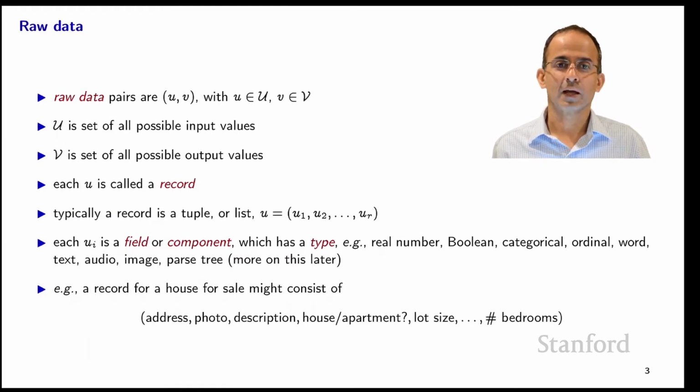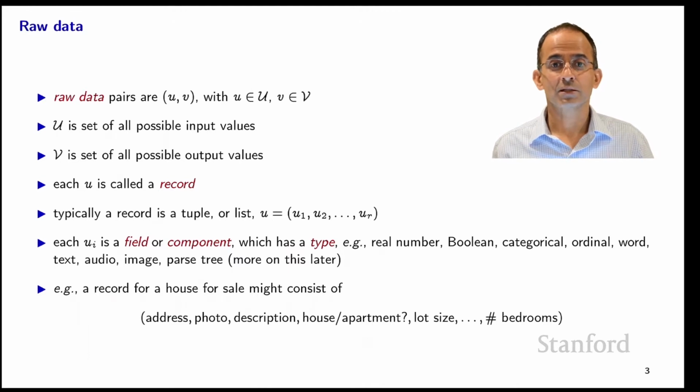For example, you might have the set U be a set of houses, and then a record would record the properties of a house.